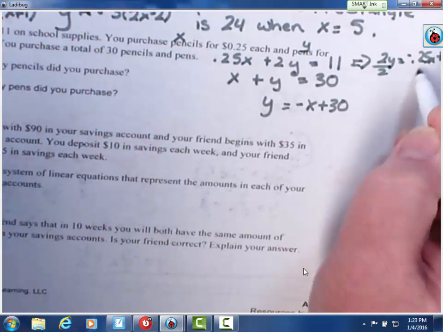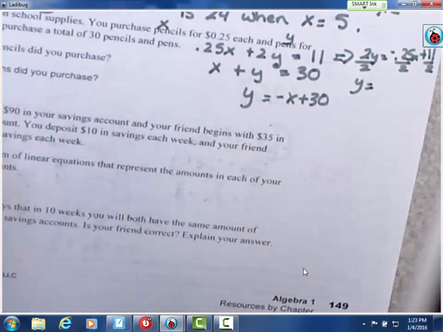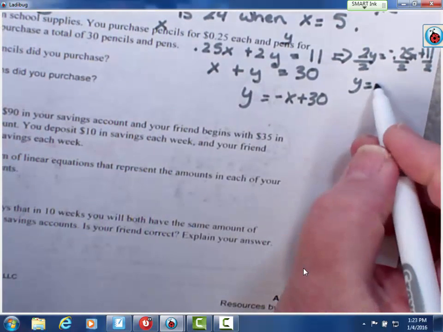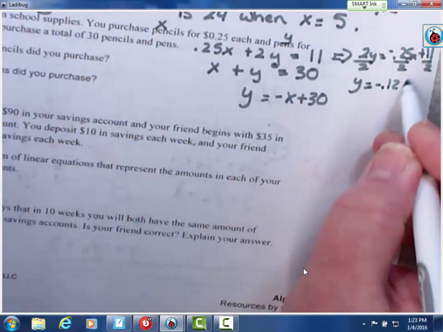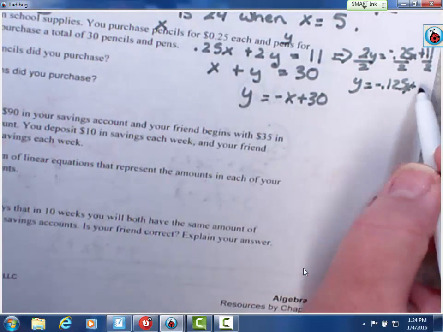Divide everything by 2, and we get Y equals, let's see, negative 0.25 divided by 2 is going to be negative 0.125 X, and then 11 divided by 2 is 5.5.